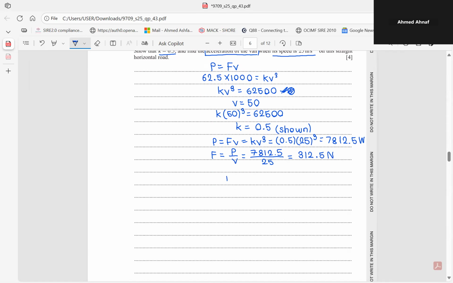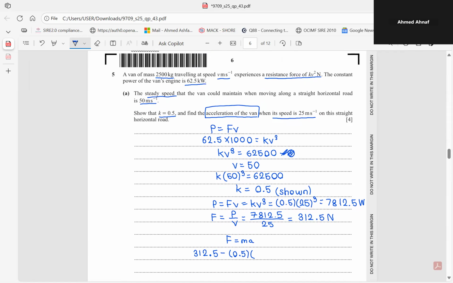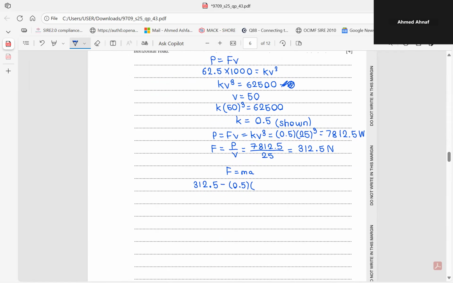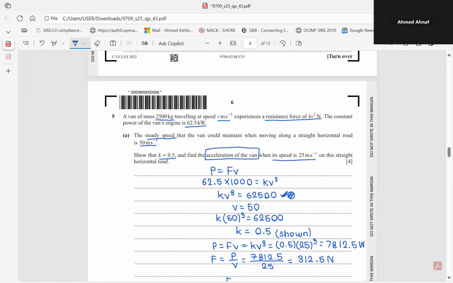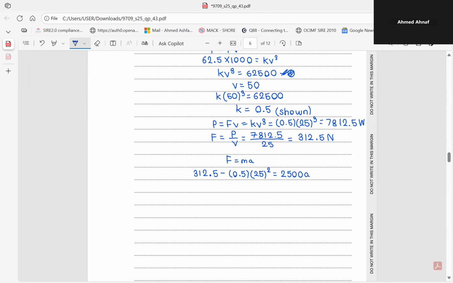So now we're going to use Newton's second law, F equals ma. F is the resultant force, not the force exerted by the engine. So you have to minus 312.5 from the resistive force, which is given by kv squared. So k is 0.5 and v squared is 25 squared. And then that equals ma. So m is 2500.